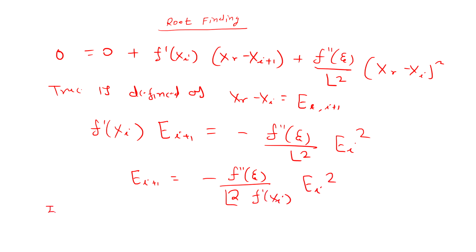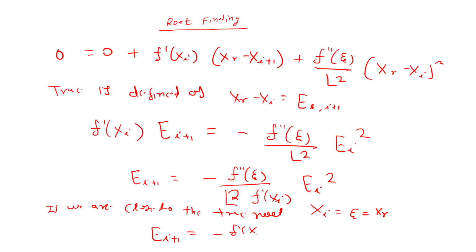And if we are close to the true root, then x_i equals chi equals x_r, my true root. So essentially e_{i+1} is f double prime x_r upon factorial 2 f prime x_r times e_i to the power 2.